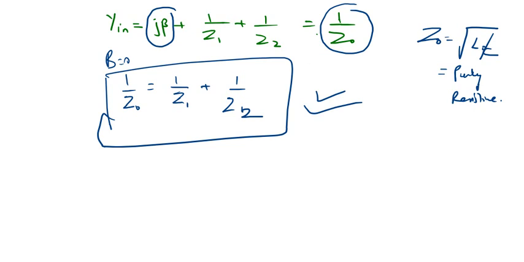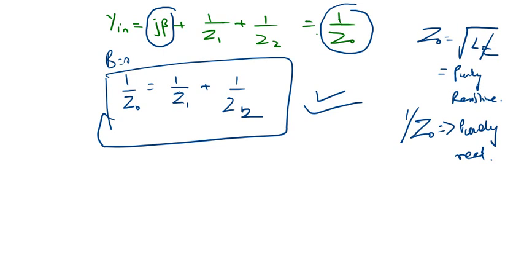I already told you in class many times that if you have a lossless transmission line, then of course the characteristic impedance should be purely resistive. So if Z0 is purely resistive, then 1 divided by Z0 should also be purely real. It is a real quantity, there is no imaginary term.